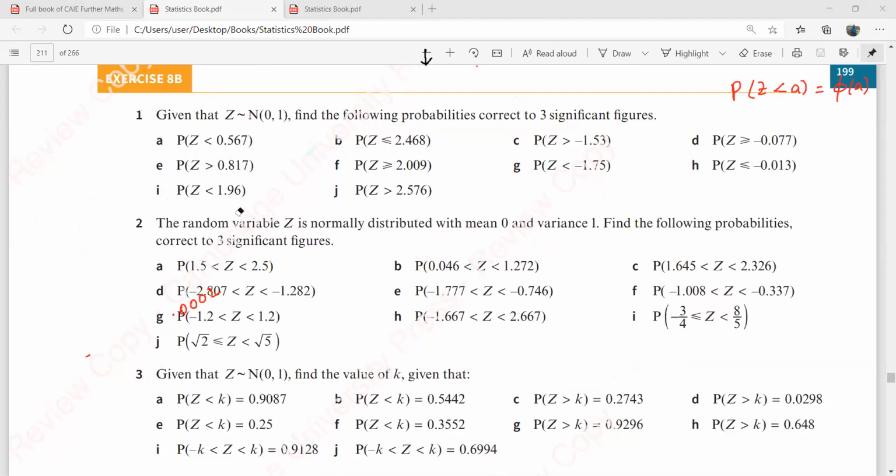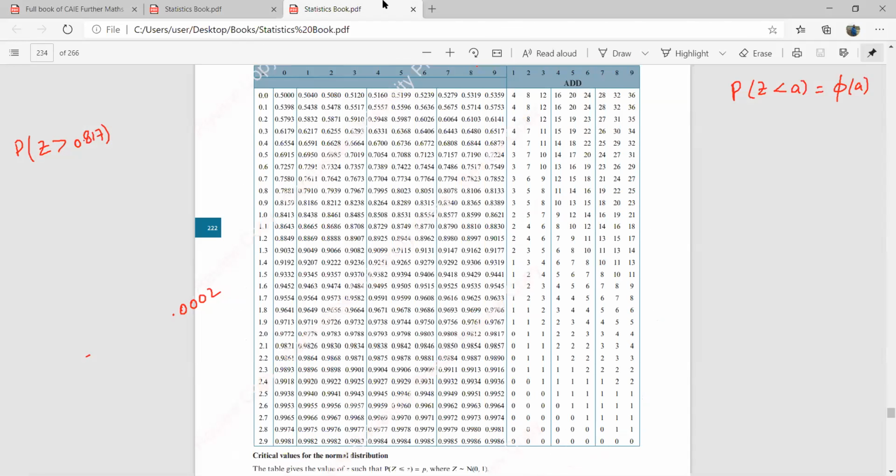I have my own way of doing this. Next we'll try the E part, the probability that Z is greater than 0.817. So going to the table now, we do not like the greater sign while finding the probabilities, because, as I told you, this has been based on the cumulative frequency curve.